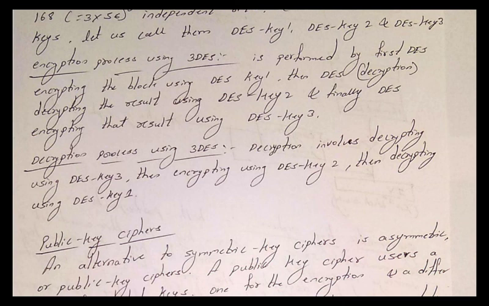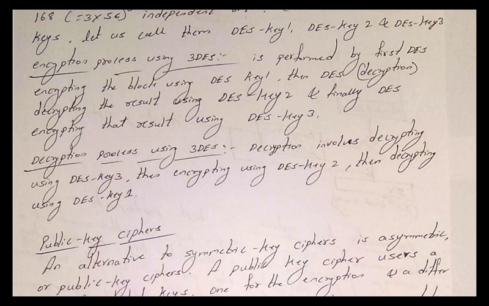First, DES encrypts the block using DES key 1. Is it clear? The first plain text block is encrypted using DES key 1. Then it is decrypted, and the result is decrypted using DES key 2.